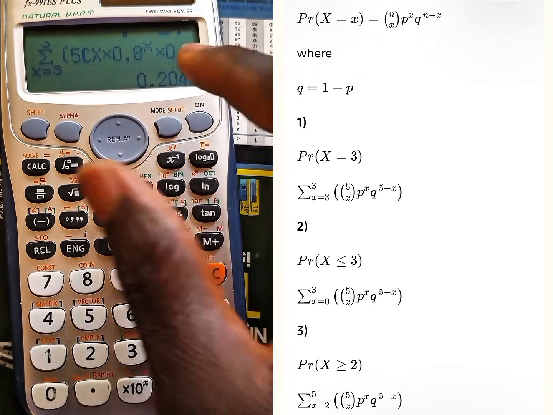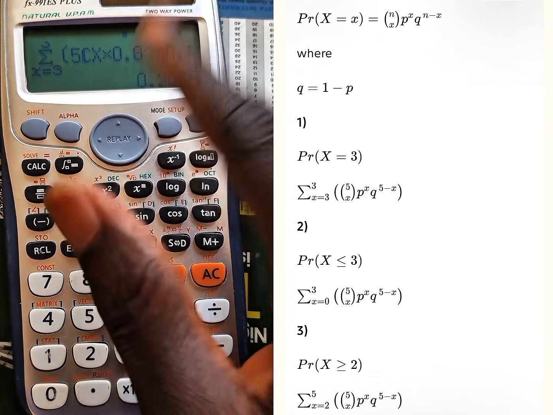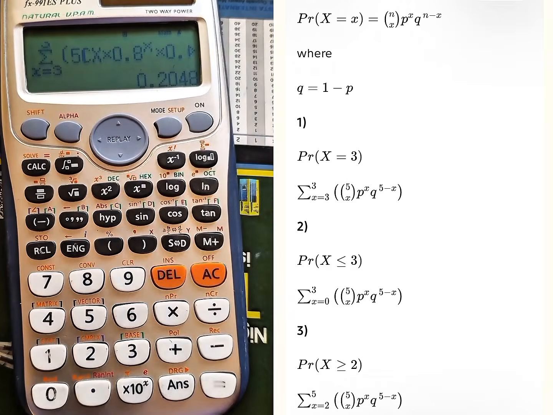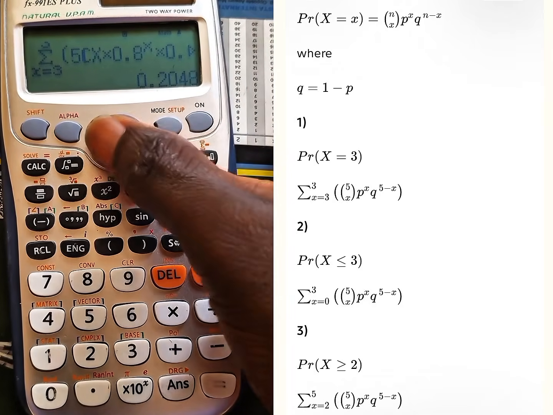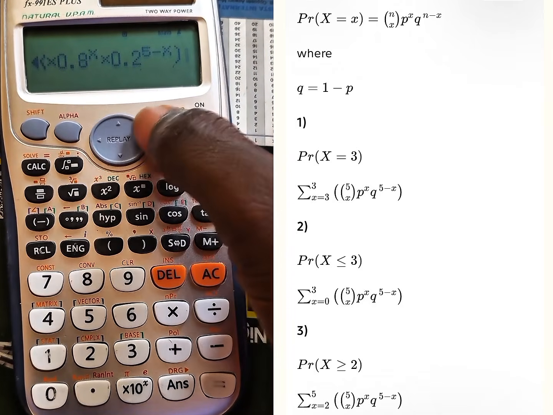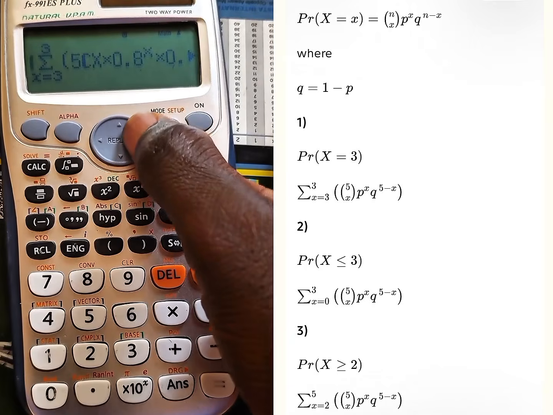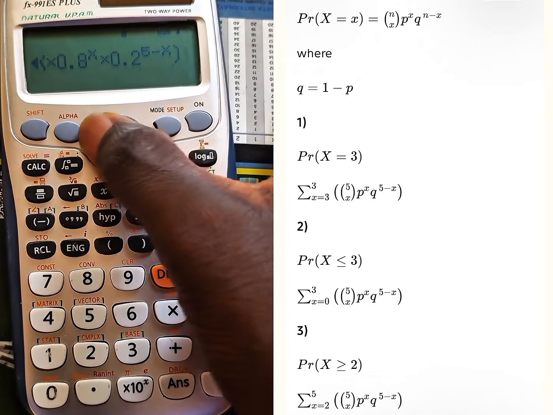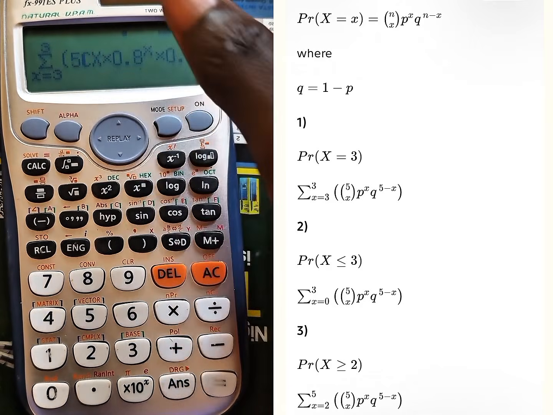Since you already have the previous answer for exactly 3, there's no need to clear all of this. All you have to do is come back and edit your values.